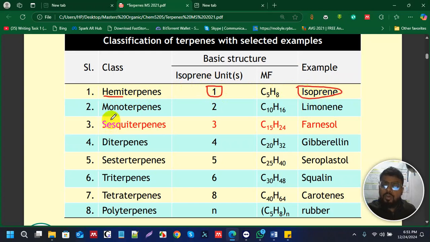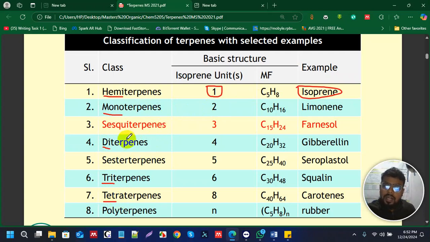The next one is monoterpenes. I would like to give a technique to remember this: how many isoprene units are involved in each terpene. From the terms mono, di, tri, and tetra, for the monoterpenes you have to use two isoprene units.